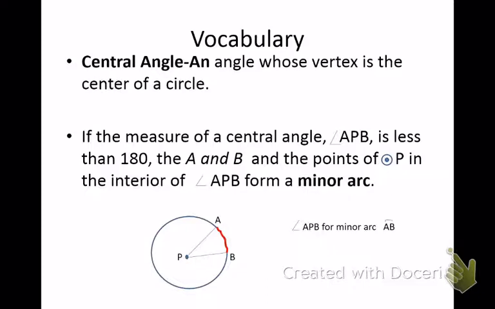So this is minor arc AB, and the notation that we use is AB with an arc above it. So we use the endpoints, and then we put an arc above that to know what arc we're talking about. Okay, and that's a minor arc. So the points in between A and B are a minor arc.